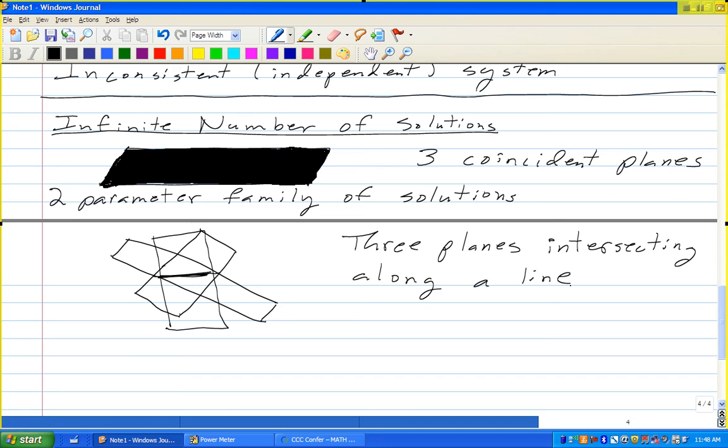This will generate, well, there's really only one free parameter. You're really just going in this one direction here, either backwards or forwards. And so this has a 1-parameter family of solutions.